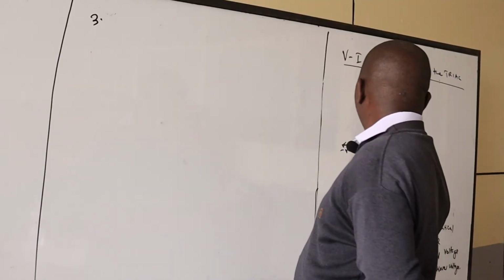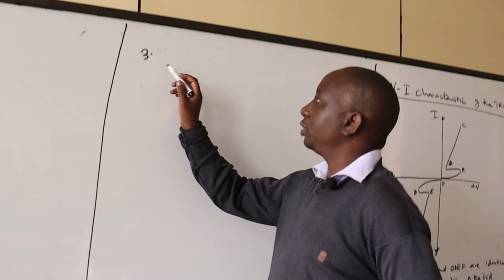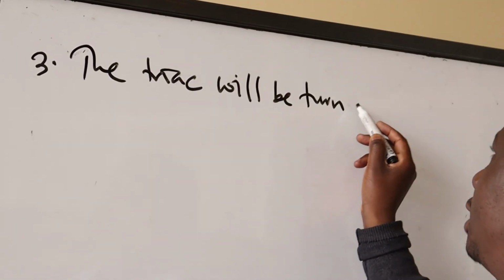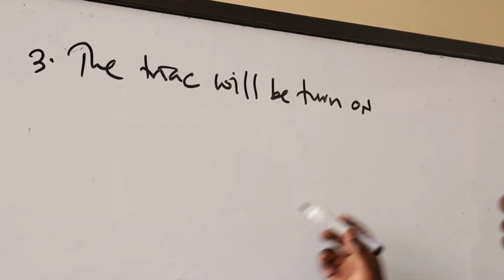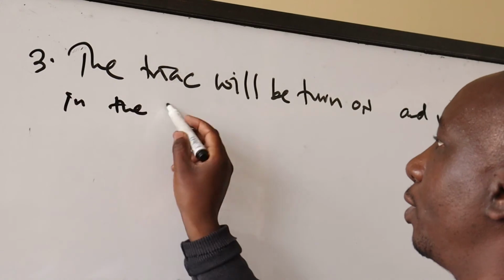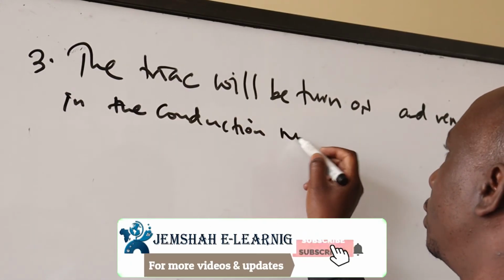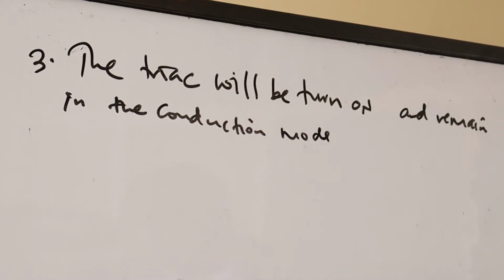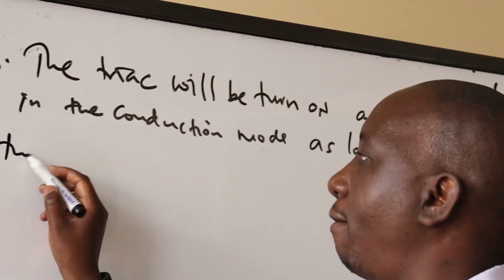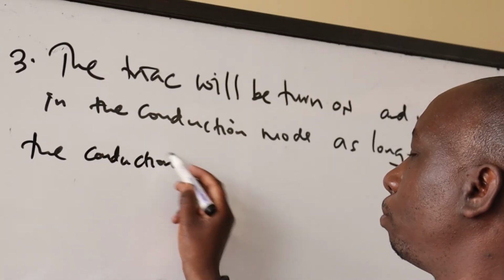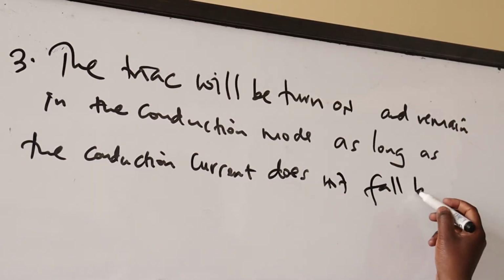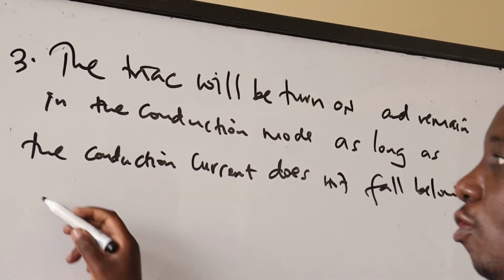So the third point we shall have there is that the Triac will be turned on and remain in the conduction mode as long as the conduction current does not fall below the holding current.